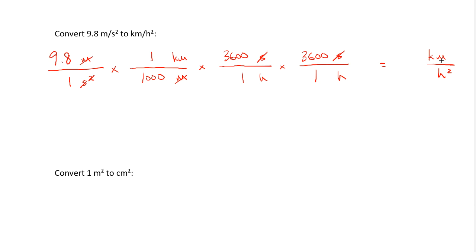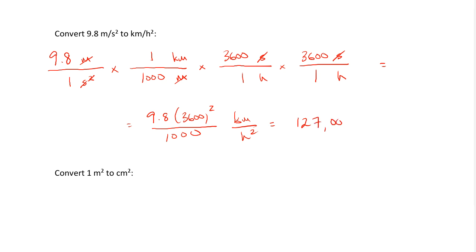So now it's just a matter of working it out on your calculator, and if you do that and you get 9.8 times 3,600 times another 3,600 divided by 1,000 kilometers per hour squared, that's equal to 127,008 kilometers per hour squared. So that's converting from meters per second squared to kilometers per hour squared.